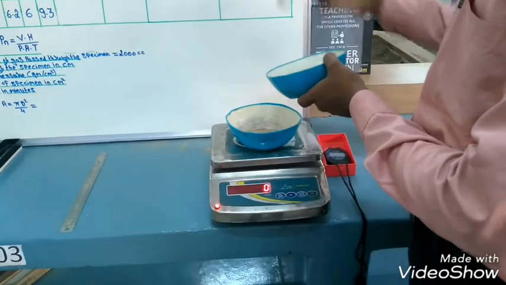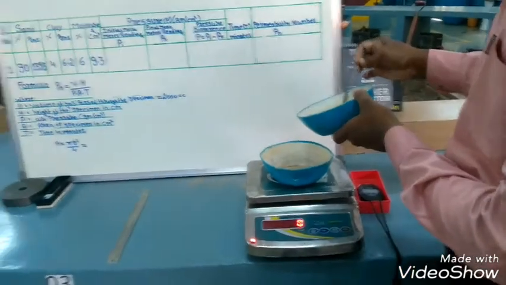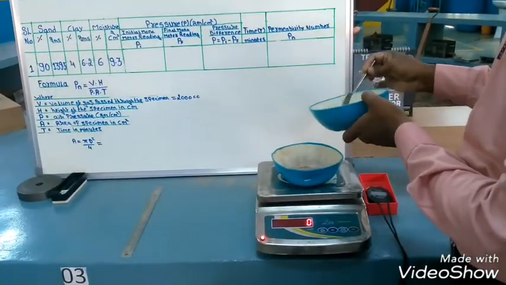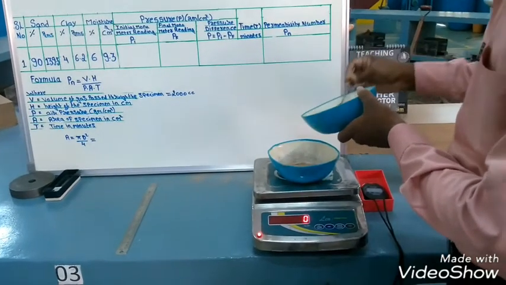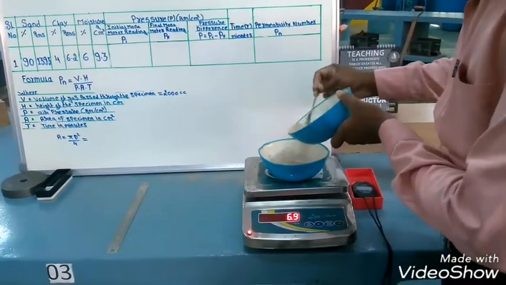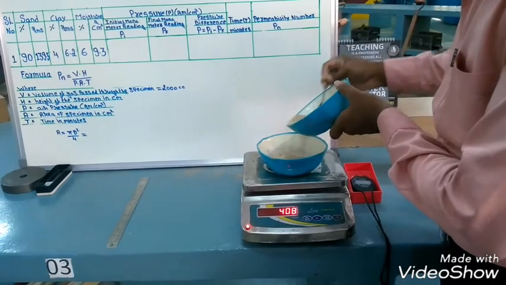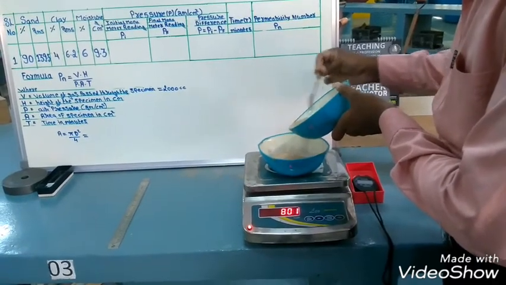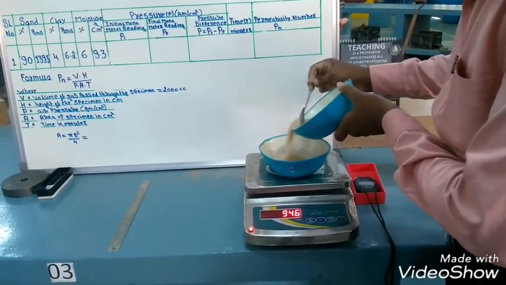Now as per our tabular column, we are taking 90% of the sand. The weight comes to 139.5. It is silica sand we are taking. We want to take the sand weight of 139.5 as per 90% of the sand.